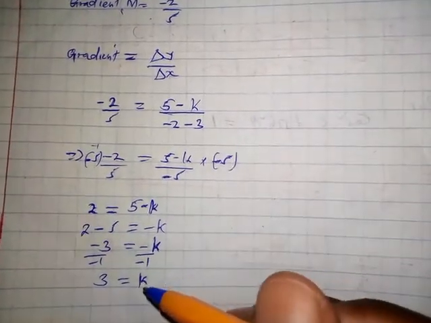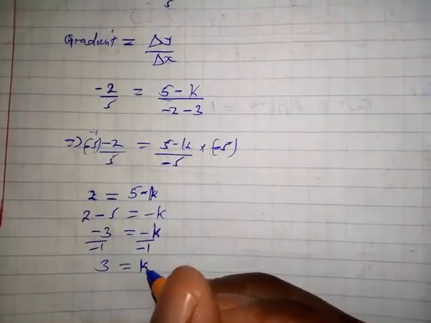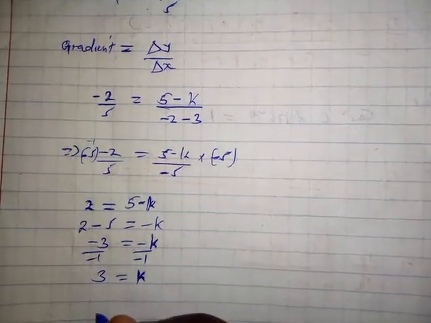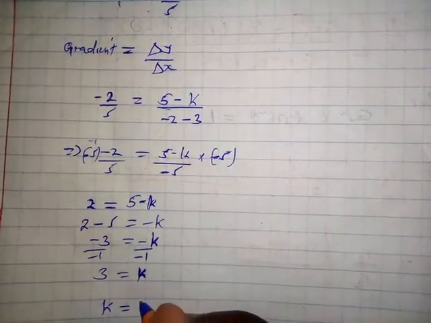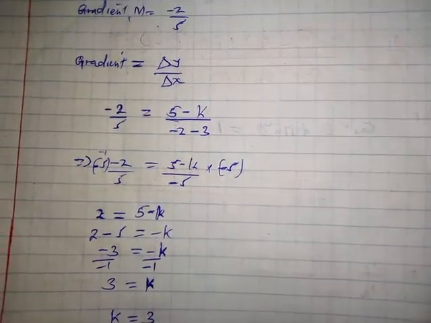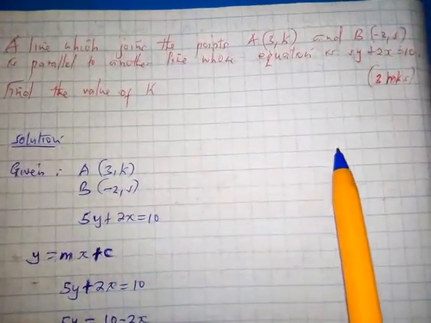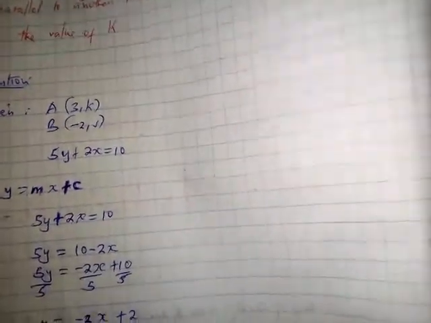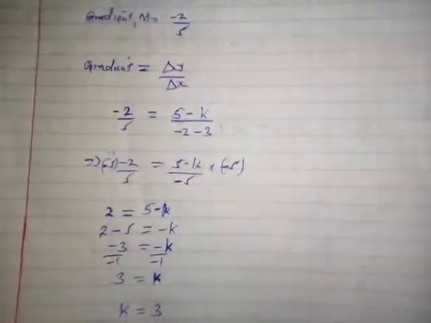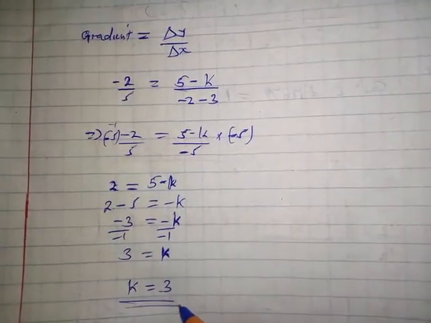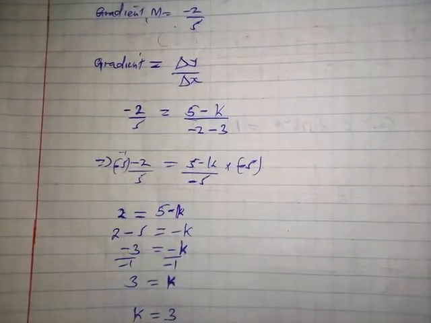Negative k divided by negative 1 is equals to k, and therefore k is equals to 3. Find the value of k, and you'll get your 3 marks. Done.